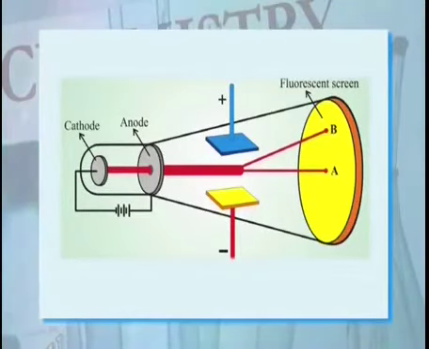Discovery of proton. Goldstein performed an experiment using a discharge tube similar to cathode ray tube. Here a perforated cathode was used and was fixed in the middle of the discharge tube. On applying a high voltage, a faint red glow was observed behind the perforated cathode.